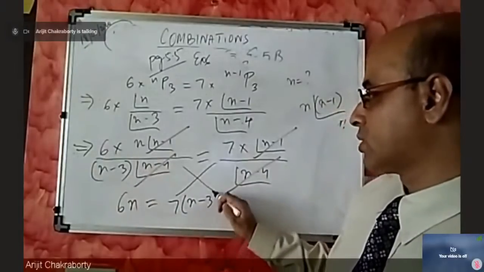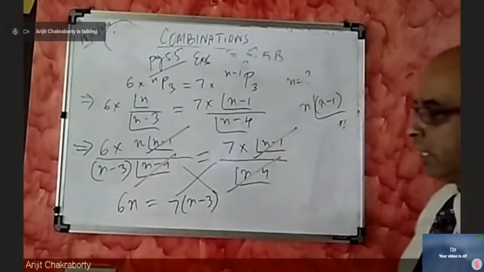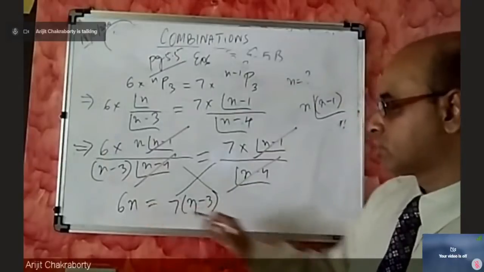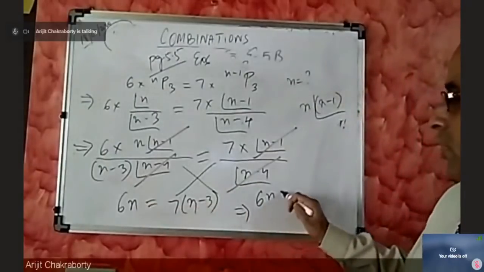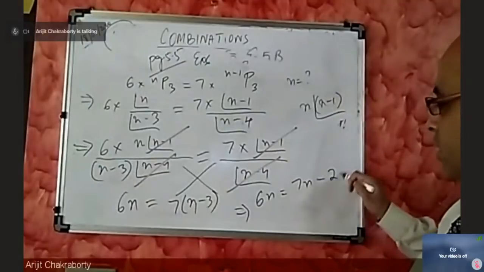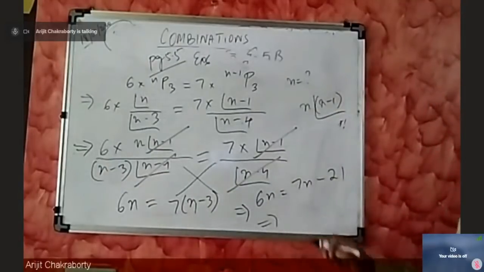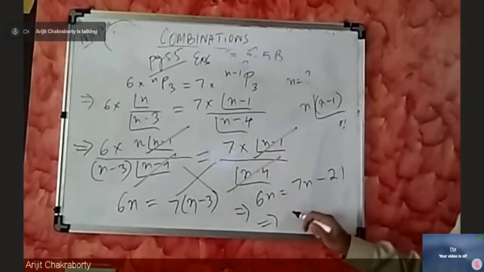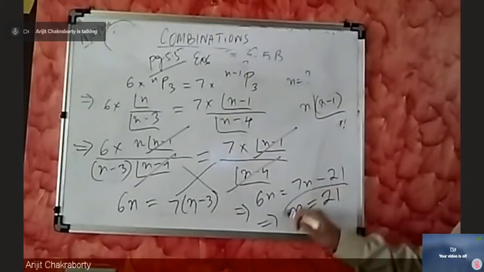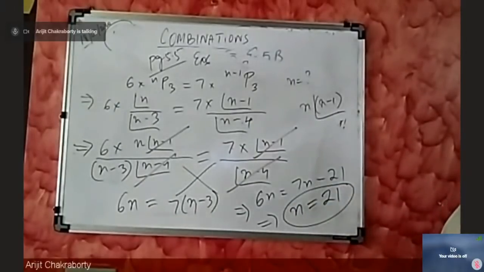This is the equation: 6n equals 7n minus 21, which means transposing n, we get n is equal to 21. So this is the answer.